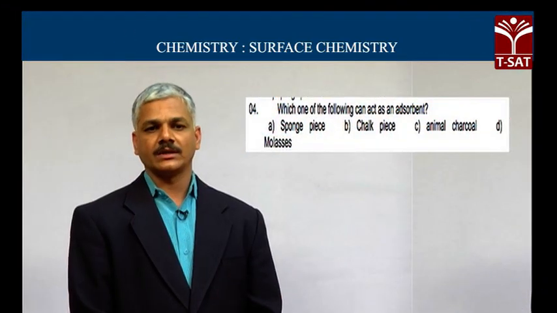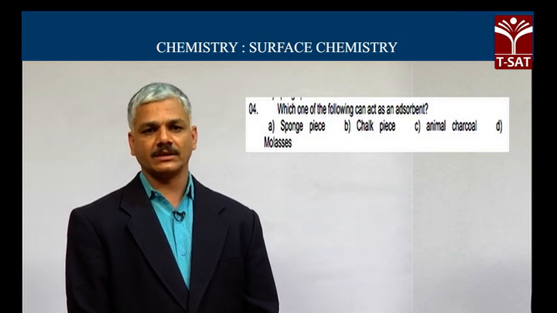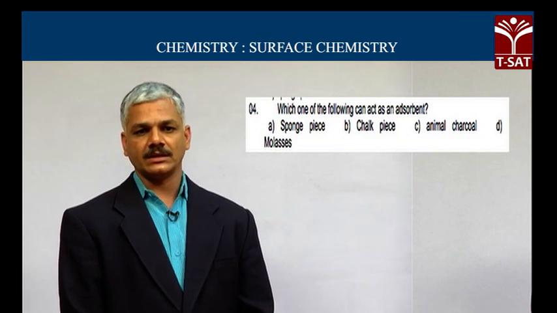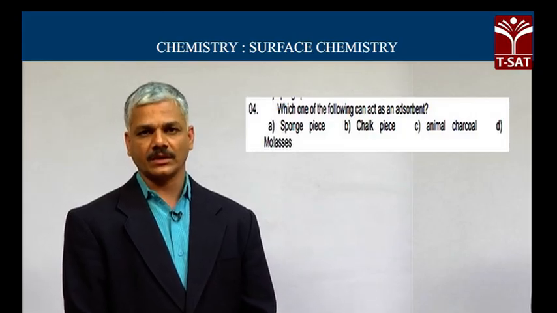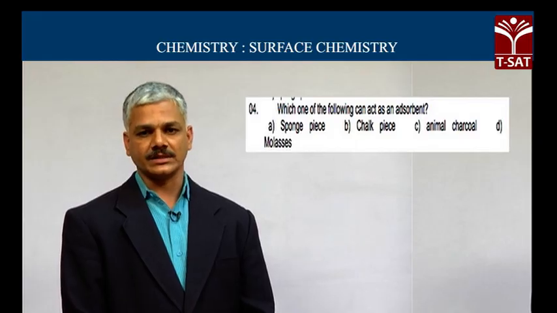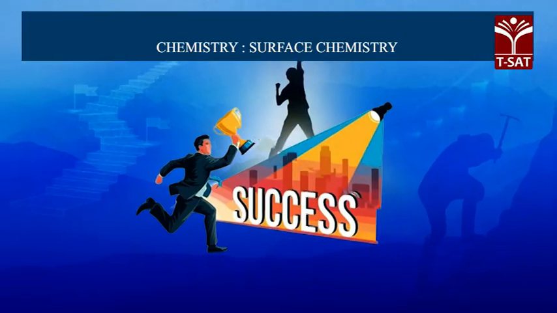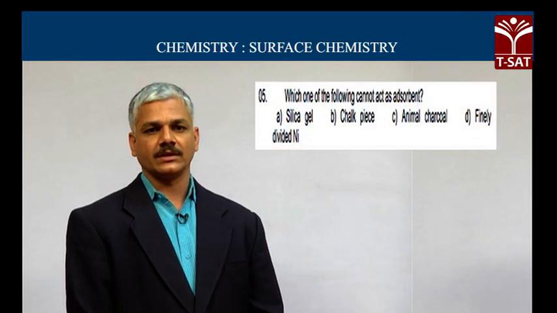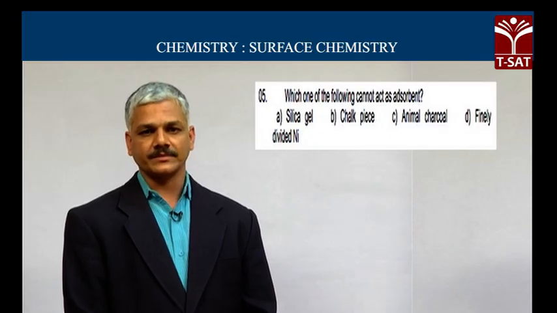Fourth question, which one of the following can act as an adsorbent? Given options are A. Sponge piece, B. chalk piece, C. animal charcoal, and D. molasses. Correct option is C, animal charcoal. Fifth question, which one of the following cannot act as an adsorbent?